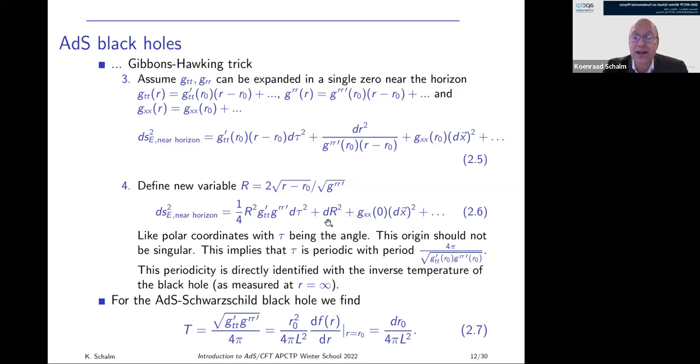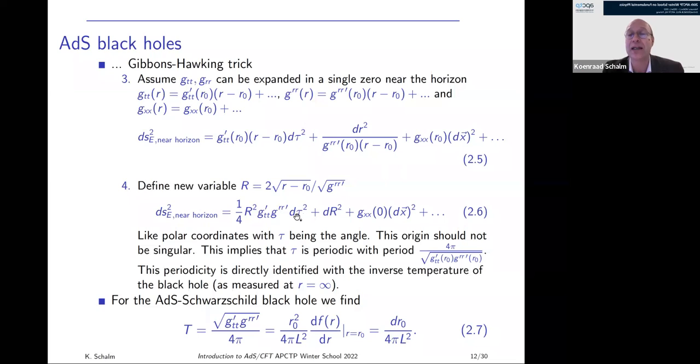So there's a unique condition for this point, capital R equals 0, to not be singular. That is precisely if this is in fact the origin of polar coordinates, because you know that the origin of polar coordinates is not singular. You can just go back to Cartesian coordinates, and then the coordinate singularity has disappeared. But we know exactly what that condition is.